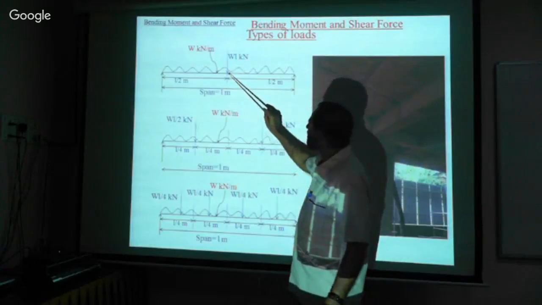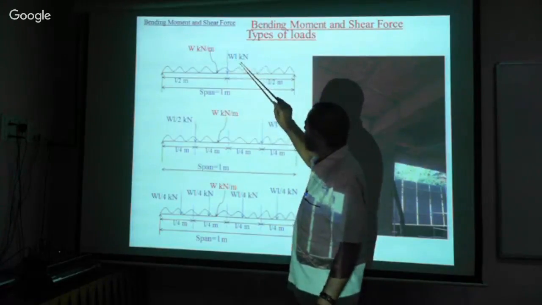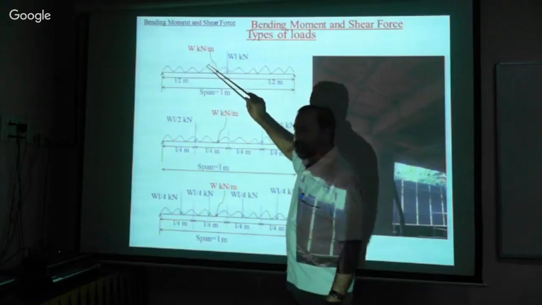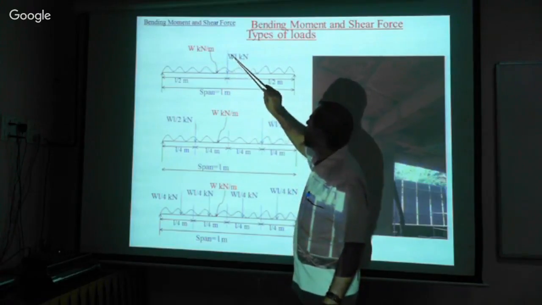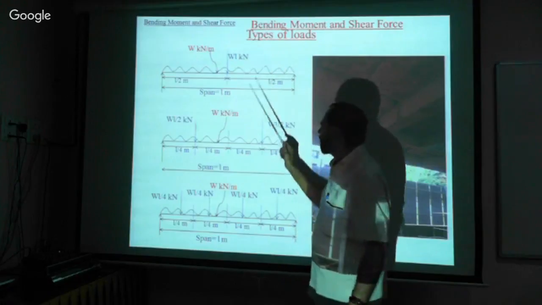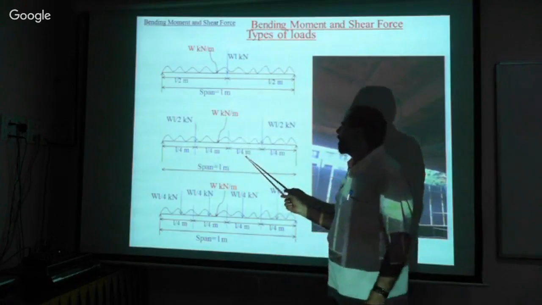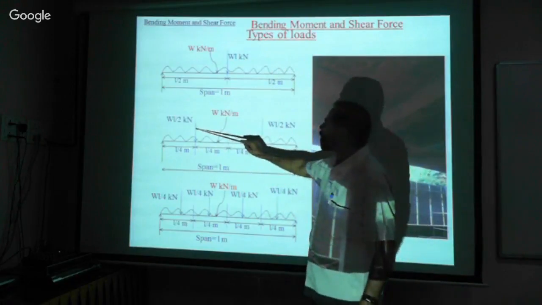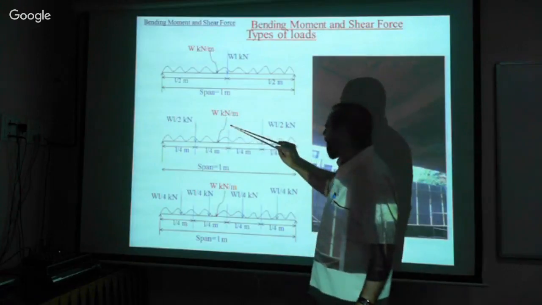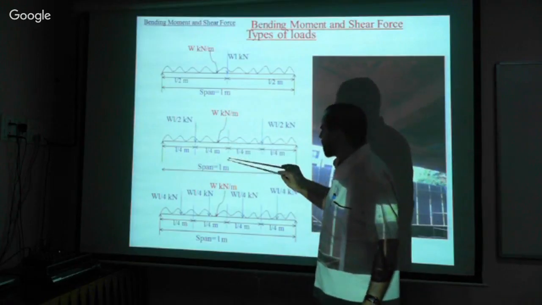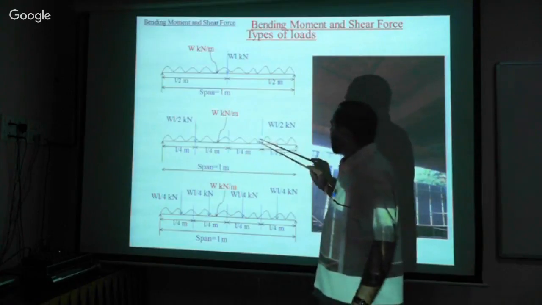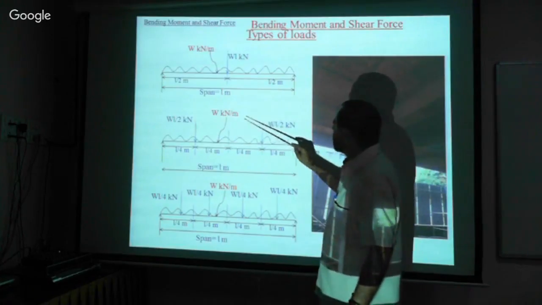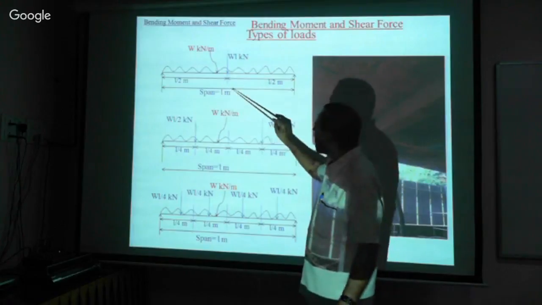Now, here I have converted the W kilonewton into a point load. The point load is equal to WL kilonewton in total. Now, here I have divided this into 2 point loads. This is half of the span, that is L by 2, and this is the other half.